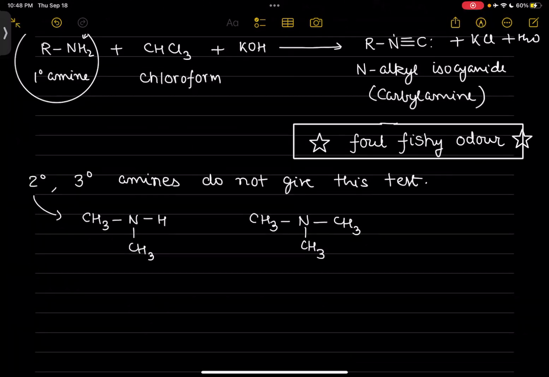There is no hydrogen at all, so it doesn't have any tendency to react. Got it?